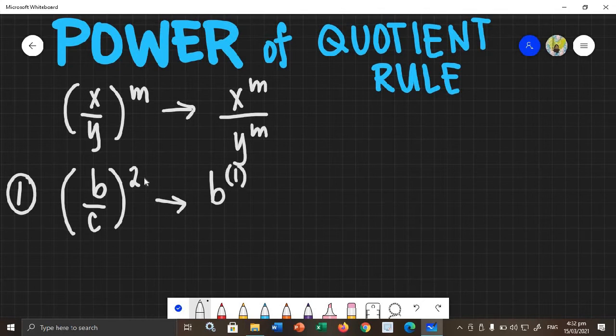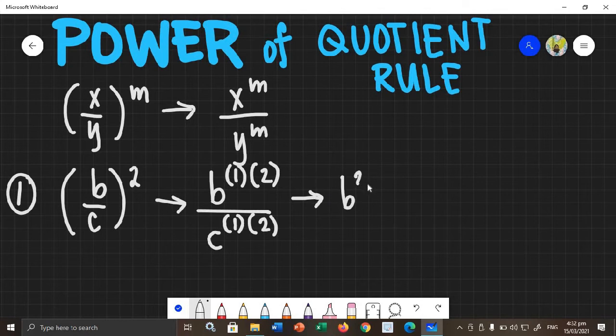So si 1, i-multiply natin kay 2, which is the exponent outside the parentheses, over C. Si C then may exponent yan, which is 1. Multiply natin kay 2. And then simplifying this expression, we have B raised to 1 times 2, that will be equal to 2. And then over C raised to 1 times 2, that will also be equal to 2. And this will be the answer for that.